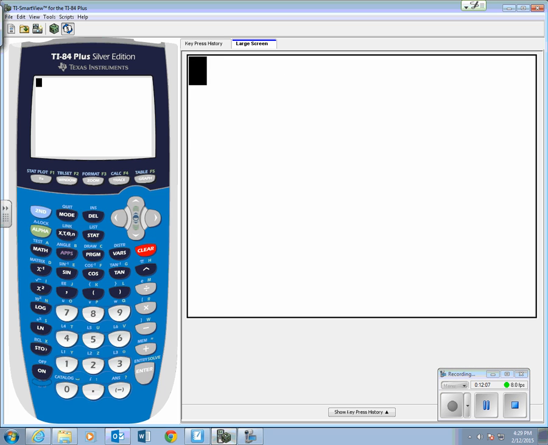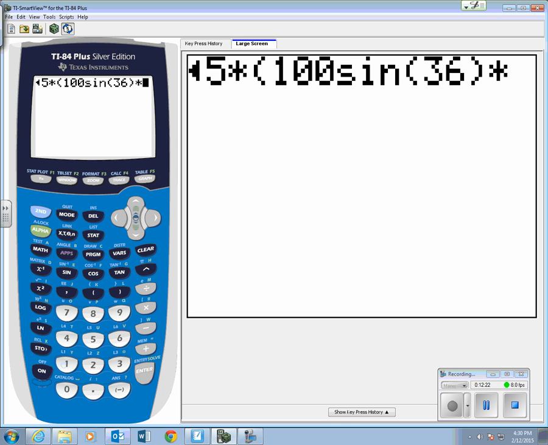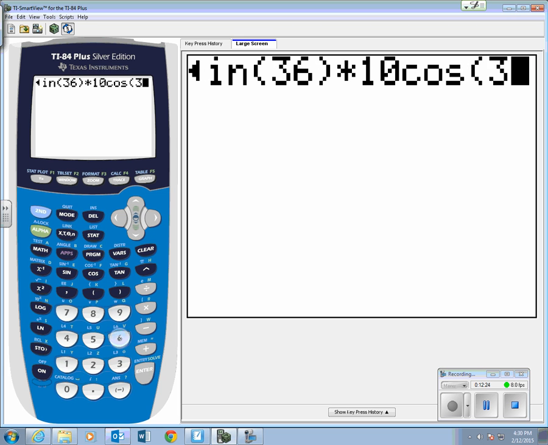So we take our calculator. We get 0.5 times parentheses 100 times the sine of 36, close that up, times 10 cosine of 36.